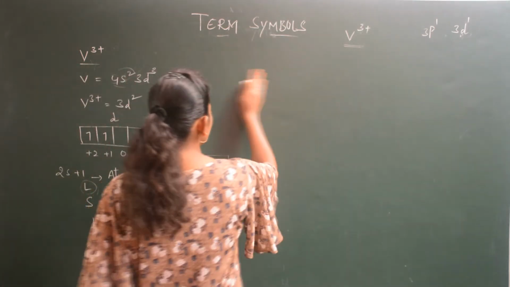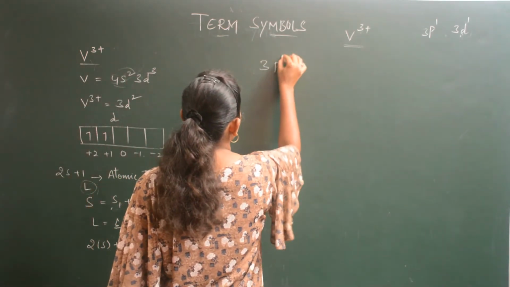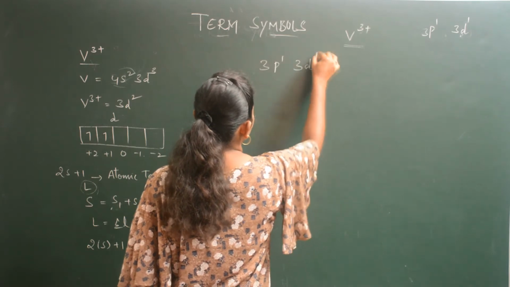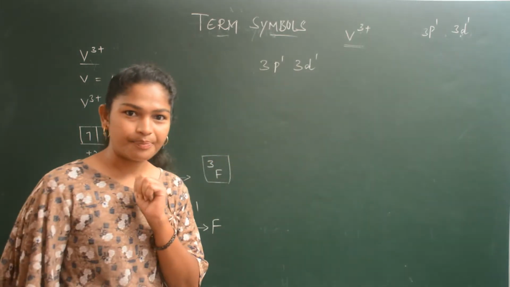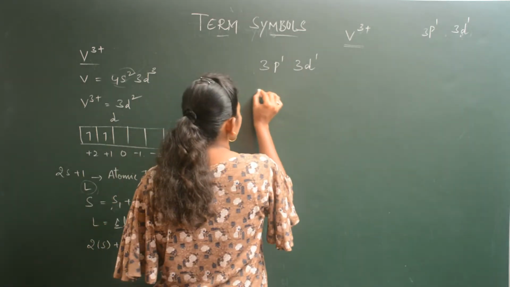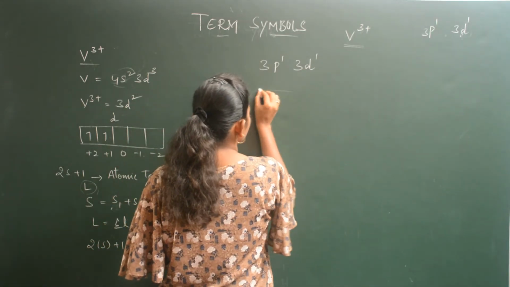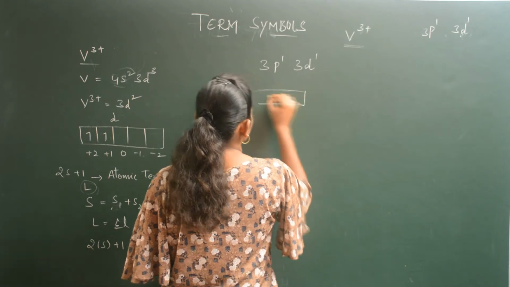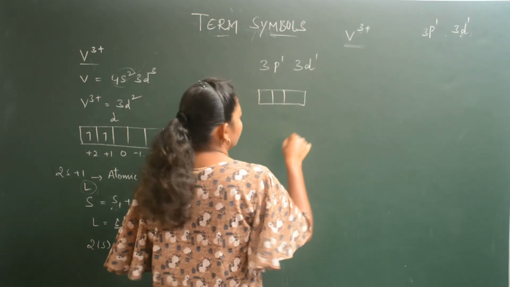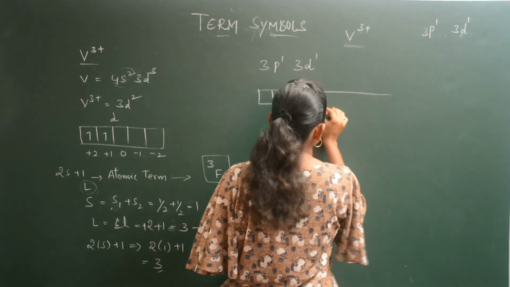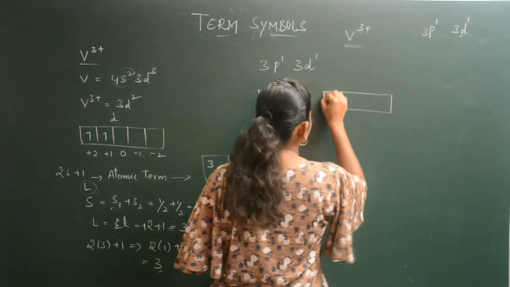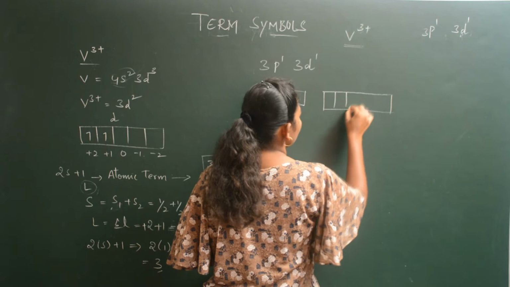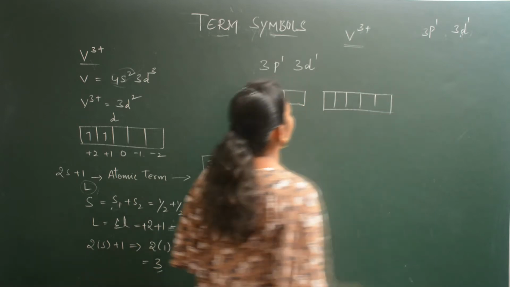Now you come to the next case, 3p1, 3d1. So you have 2 orbitals here. That means p has 3 orbitals, 1, 2, 3, then d has 5 orbitals, 1, 2, 3, 4, 5.